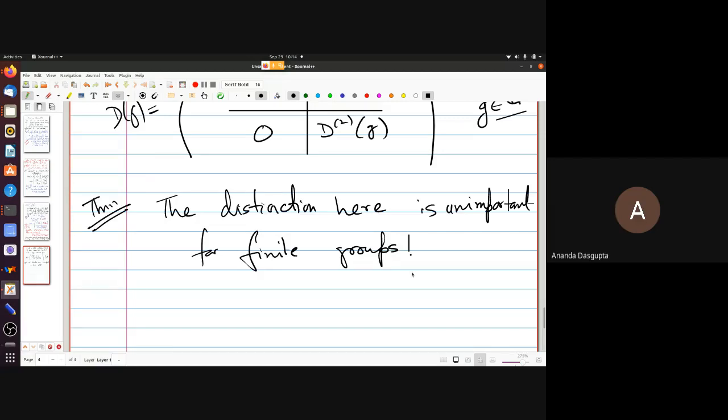Although I took pains to define what defines a reducibility and what defines complete reducibility, the distinction between reducibility and complete reducibility is unimportant for finite groups. And there is no reason why you have to worry about incomplete reducibility as long as you're dealing with finite groups. With infinite groups, there can be an issue, especially if the infinite group is not compact, but we are not going to tackle infinite groups right now. We are going to talk about them a lot later.